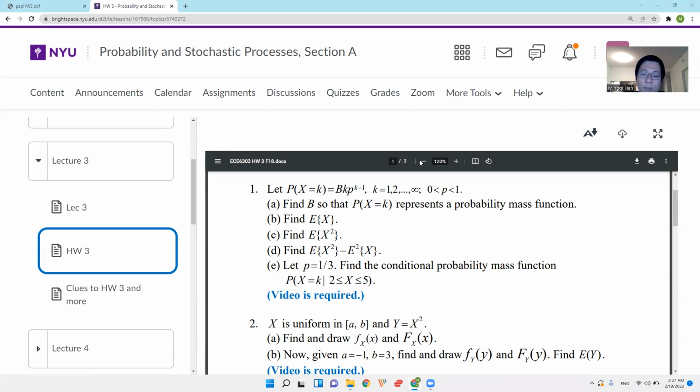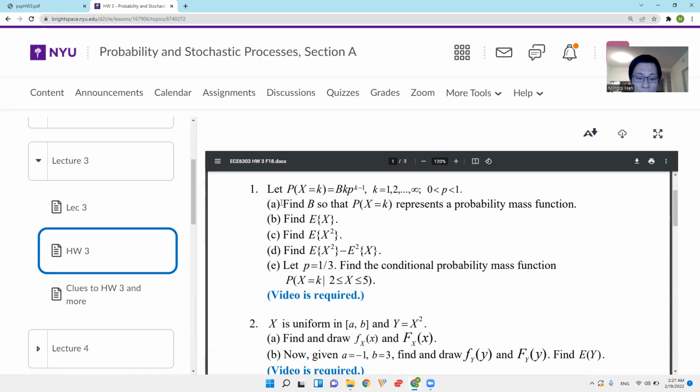So in this question, we're given a pseudo probability function of this form, with k from 1 to infinity, and p smaller than 1, larger than 0, a positive value but smaller than 1.